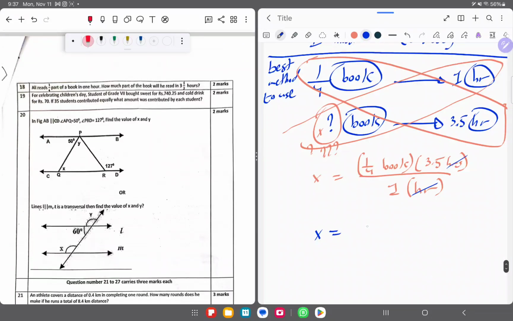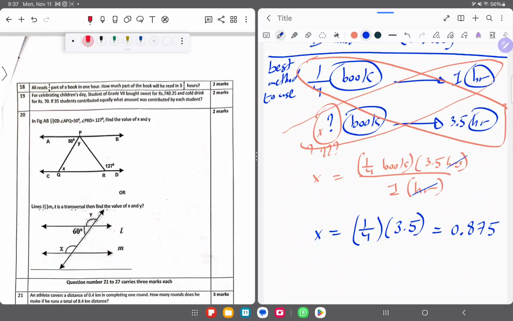X is equals 1/4 times 3.5. This is the answer, 1/4 times 3.5. 0.25 times 3.5 is 0.875.